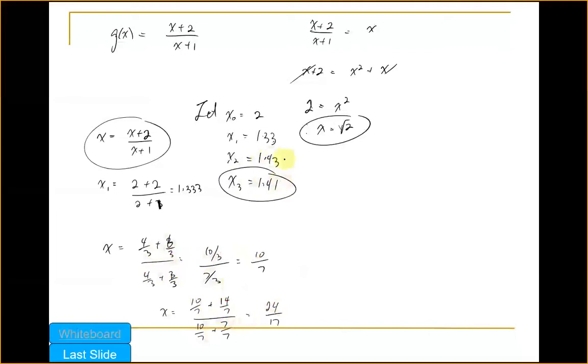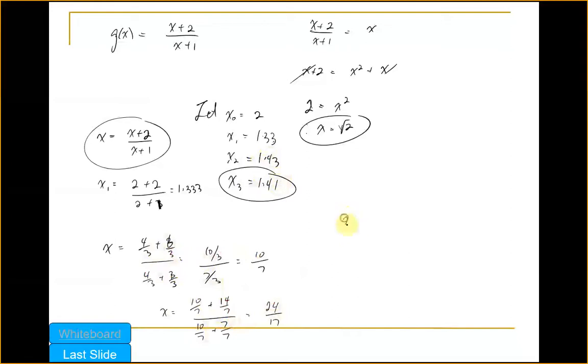The point is, when I plug in 1.43, I get 1.41. If I plug in 1.41, what do I get? Alright, let me just use the same fractions.